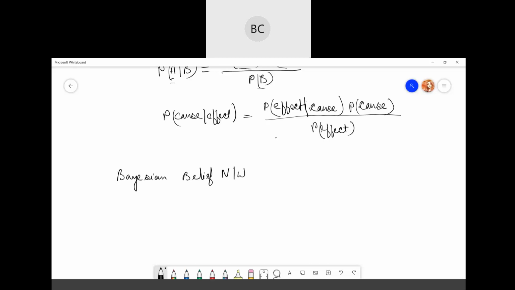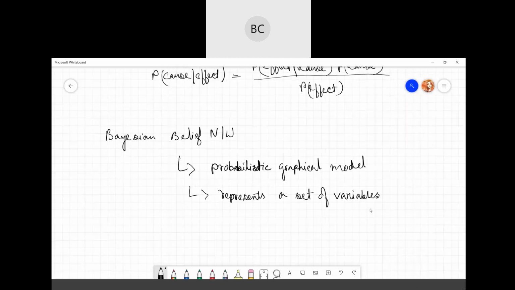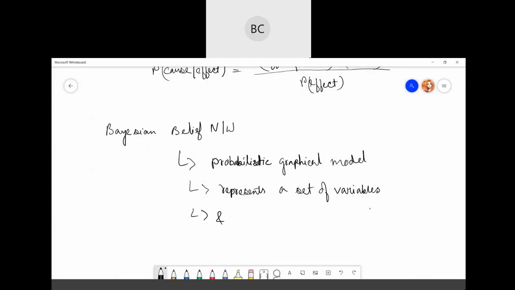It's just a probabilistic graphical model, and it basically represents a set of variables and their conditional dependencies.